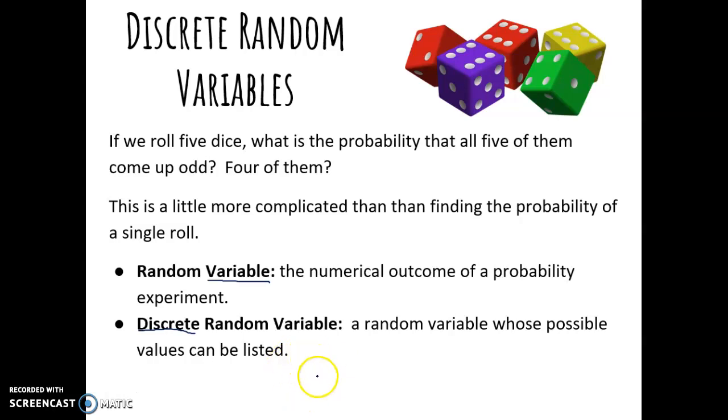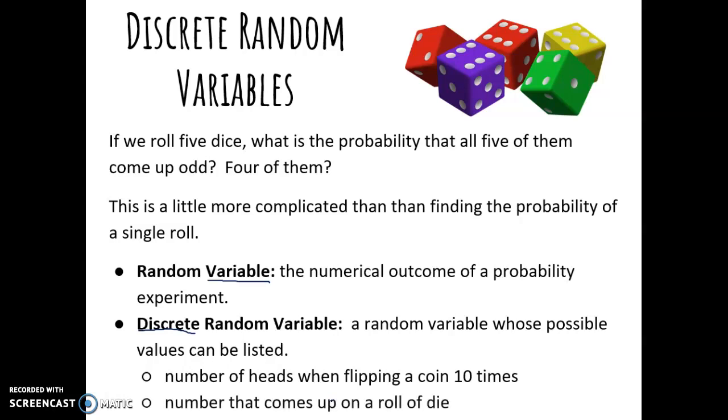Such as when we roll a die, you can get a 1, a 2, a 3, a 4, a 5, or a 6. Or the number of heads when you're flipping a coin 10 times, you could get no heads, or 1 head, or 2 heads, or 3, or 4, or 5, or 6, all the way up to 10.